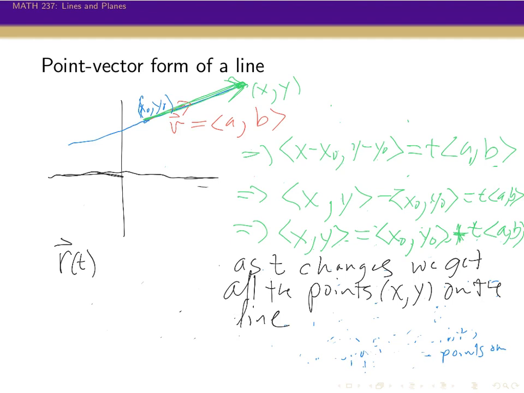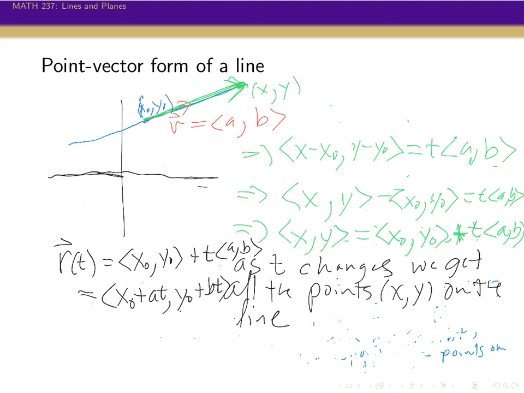So in this case, r of t is going to be x naught, y naught plus t times a comma b, which we can rewrite as x naught plus at comma y naught plus bt. And so these components here, these are going to give all the points on the line.